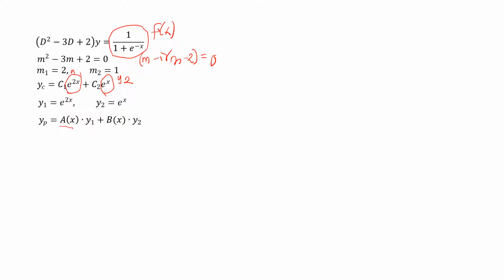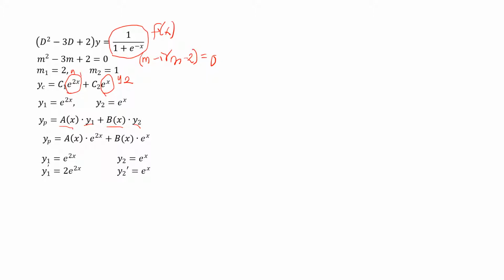Notice that these a(x) and b(x) are functions of x, which are not yet known. Next, substitute this y1 and y2 in this equation. So we have yp is a(x) e to the 2x plus b(x) e to the x. Then get your y1 and y1 prime, y2 and y2 prime to solve for the Wronskian.